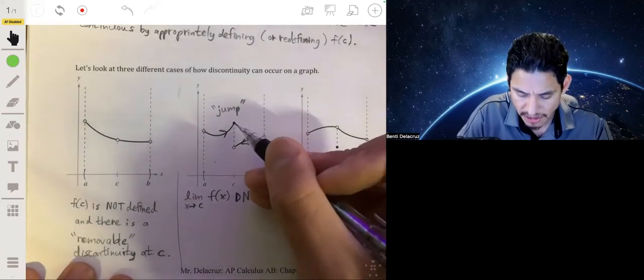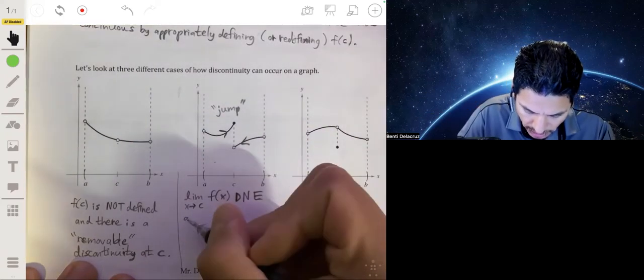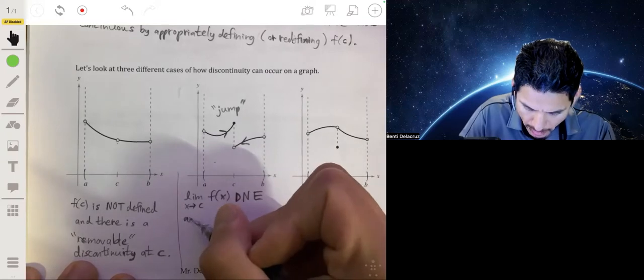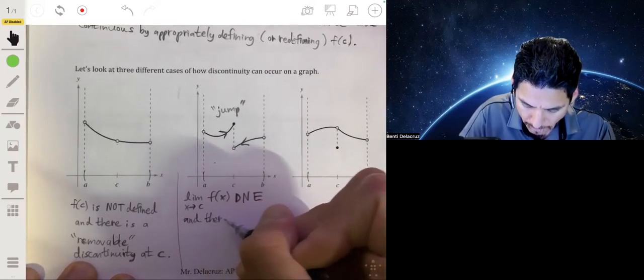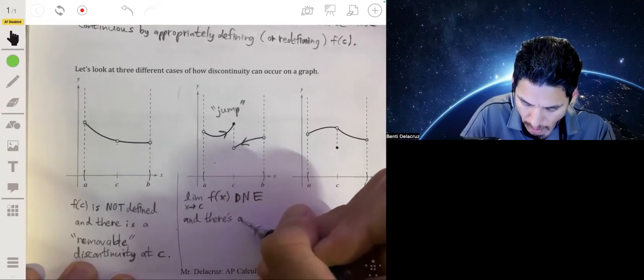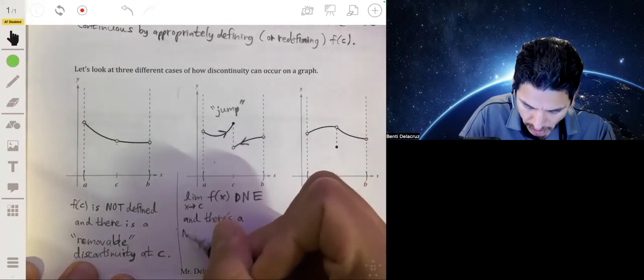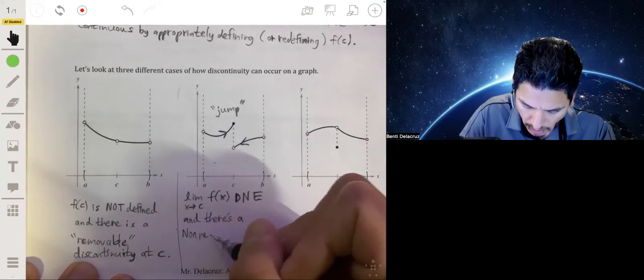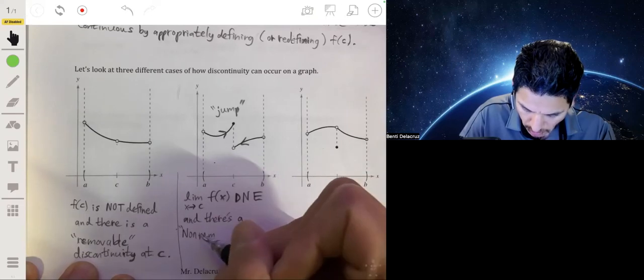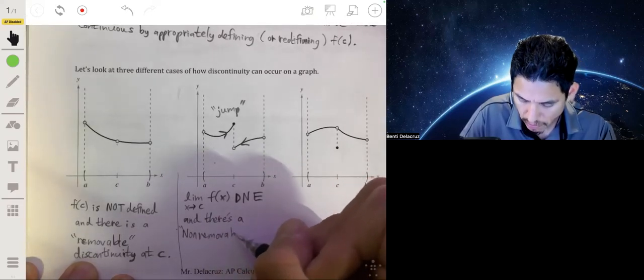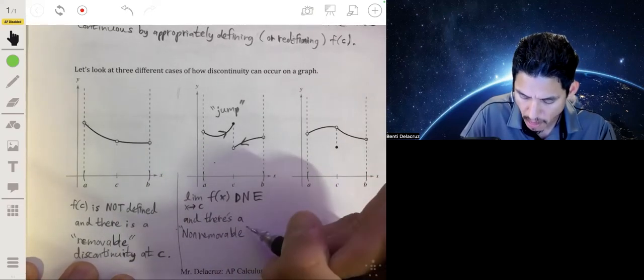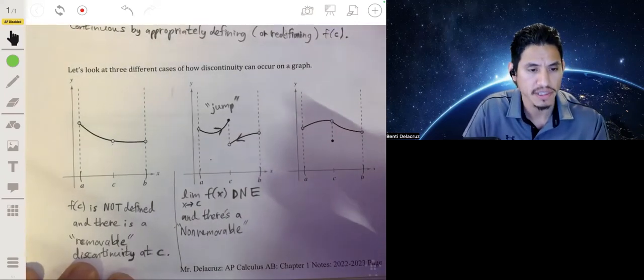And there's a non-removable discontinuity at c.